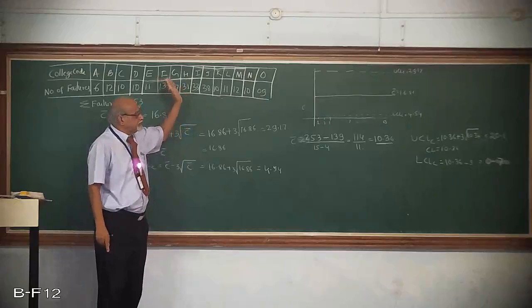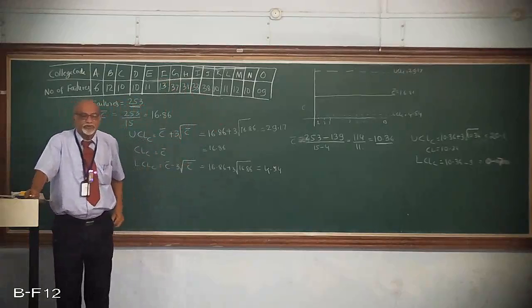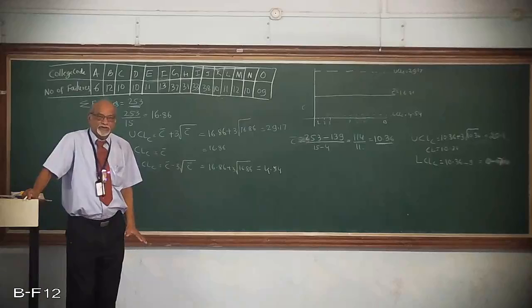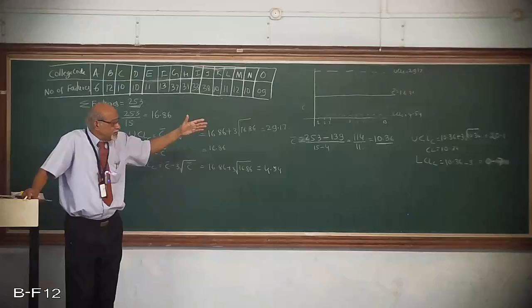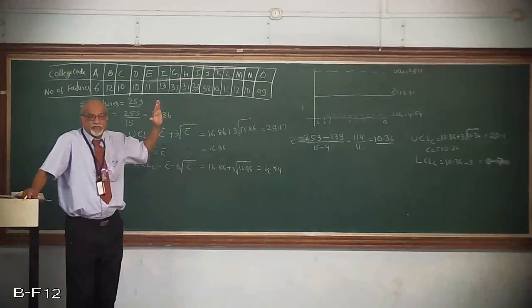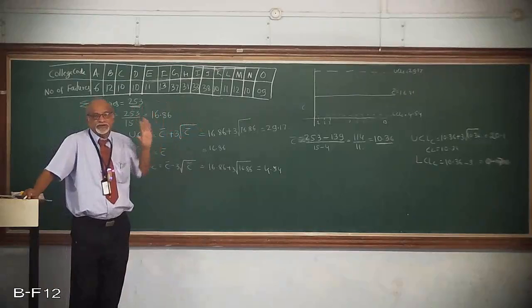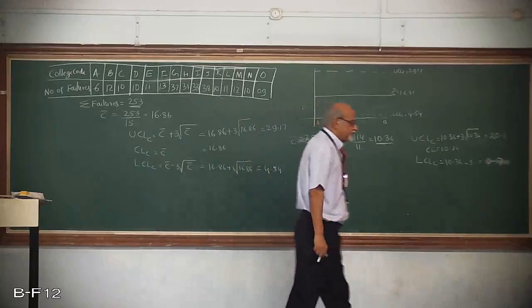We calculate the revised process average, and the process should hover around that. The maximum number of failures will be 20, minimum will be 0. Is it understood? So it will tell us how to identify these things.